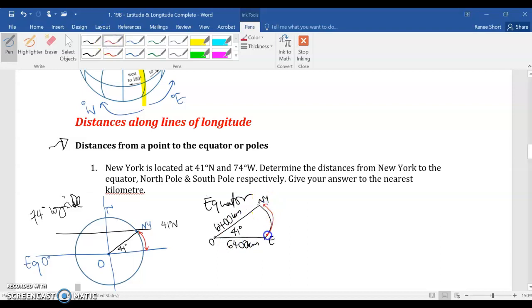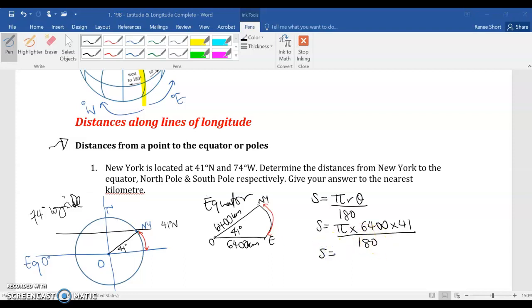Now, for me to work out this curve distance here, I need to go back to that formula for S that we were using in 19A, which is S equals pi r theta over 180. If I substitute in what I know, I'm saying pi times 6,400 times 41 degrees all over 180.